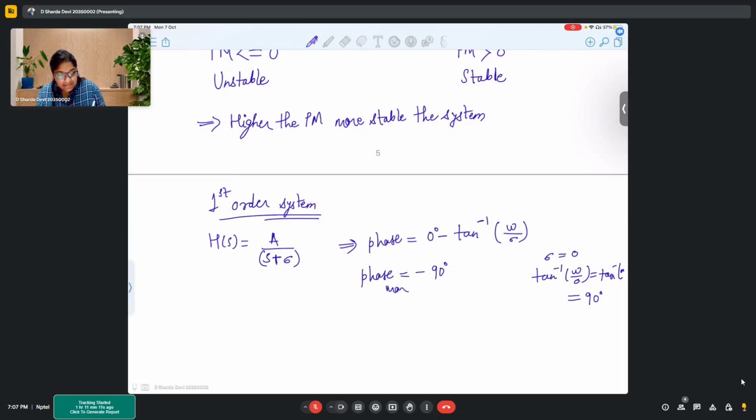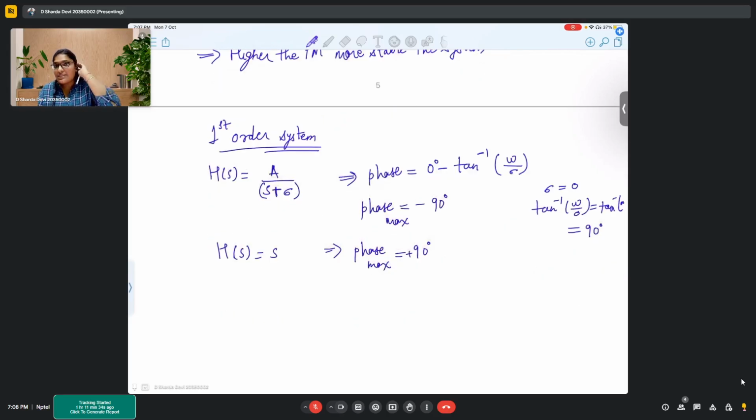Now, if I talk about a zero system, it only has an imaginary part, but it is in the numerator, which introduces a maximum phase of plus 90 degrees. So if you have a single pole system, the maximum phase that can be introduced is minus 90 degrees.